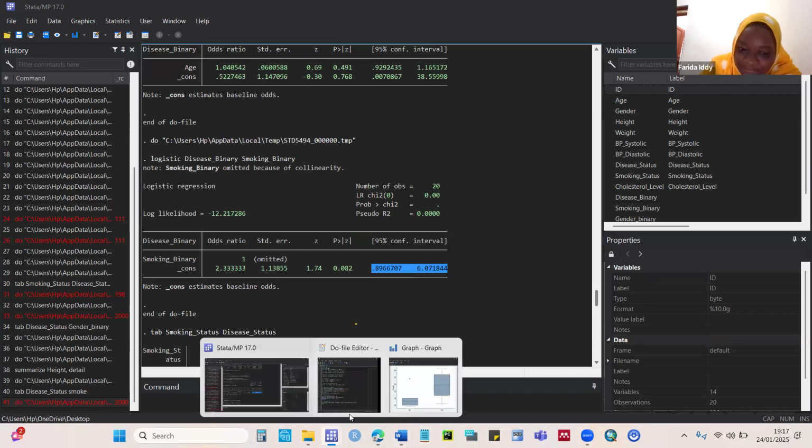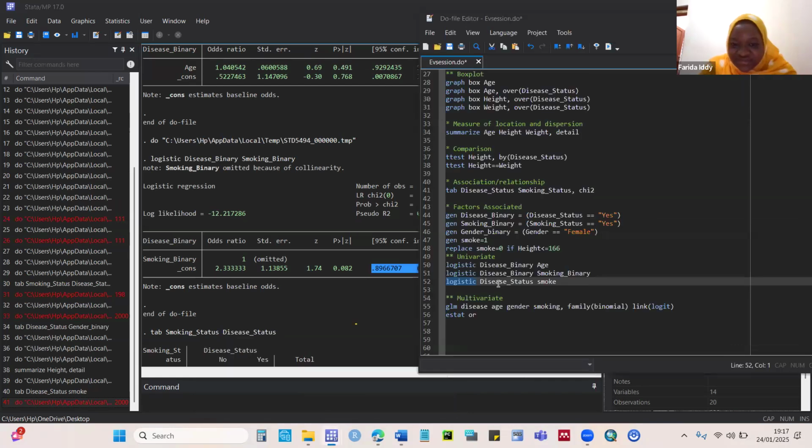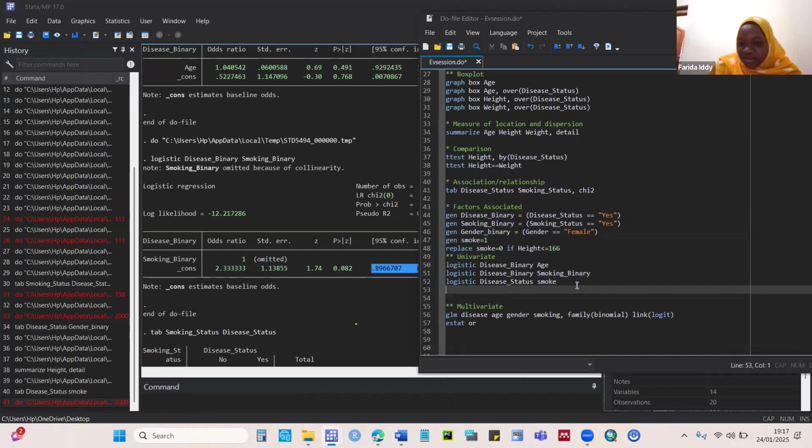In fitting GLM, you need to specify the distribution as binomial, and the link is logit, because after fitting it, it will just give a coefficient. Then you need to use this command in order to get those odds ratios. So let's keep using logistic.